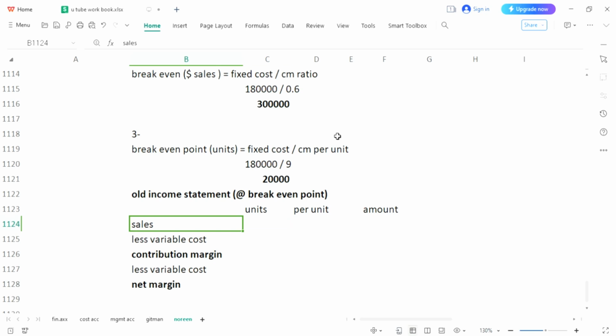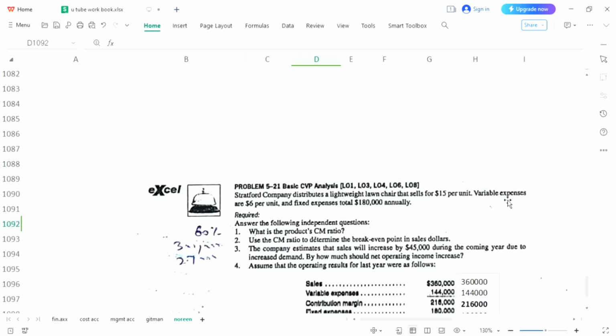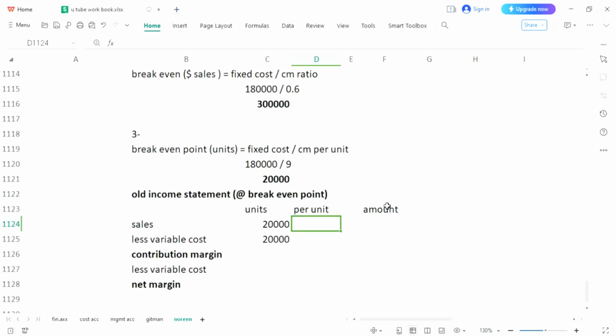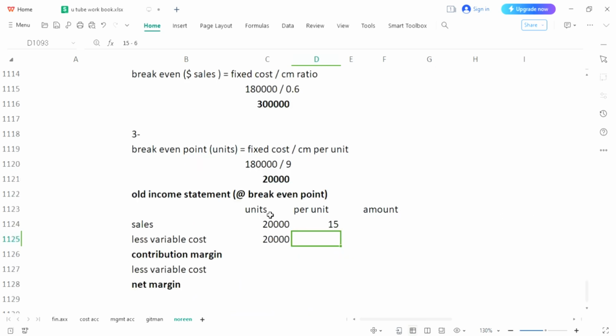Okay, units you have calculated in part 3, 20,000. And as you know, units of sale will always be the same as the units of variable cost. Per unit sale price is given in the question, which is 15. So put 15 over here. Variable cost is also mentioned in the question. Variable cost is 6. So you can put 6 over here.